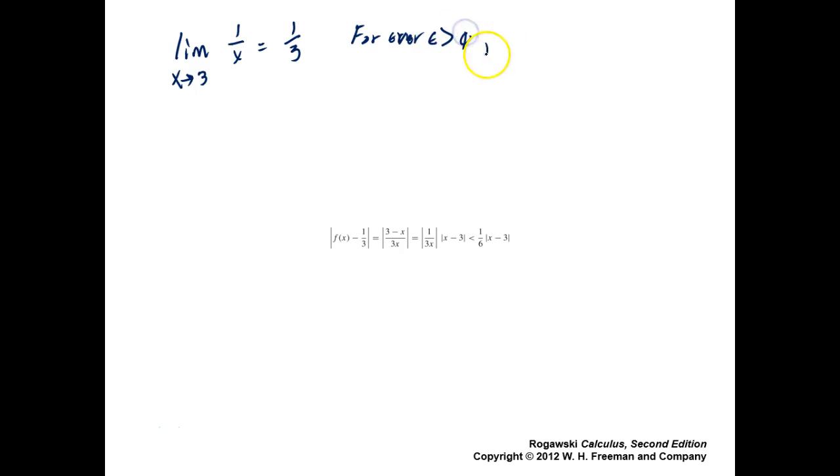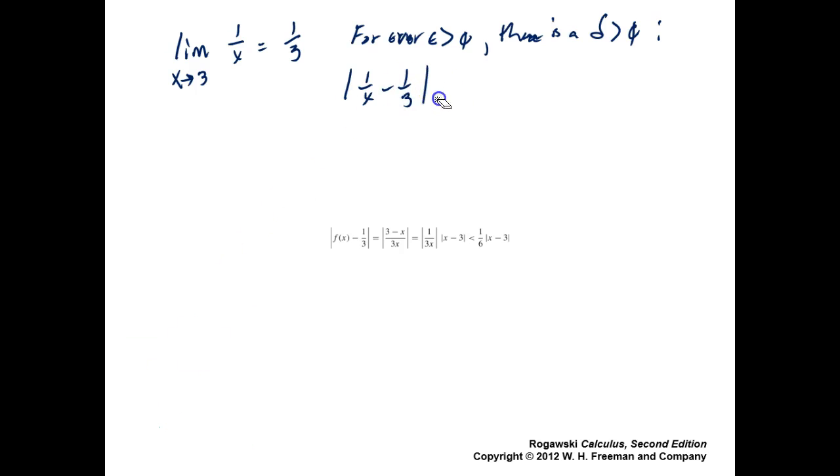than 0, there is a delta greater than 0 such that the absolute value of 1 over x, that's your f of x, minus 1/3, your limit, is less than epsilon, yuck.